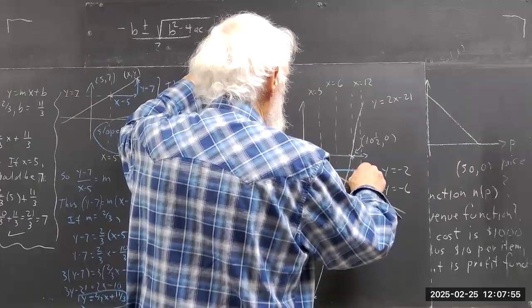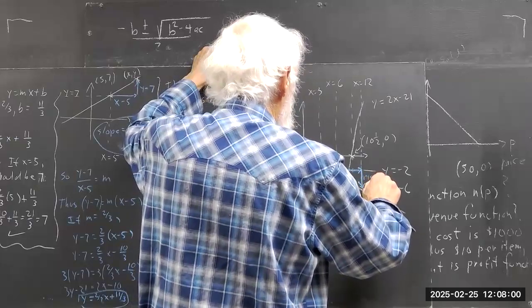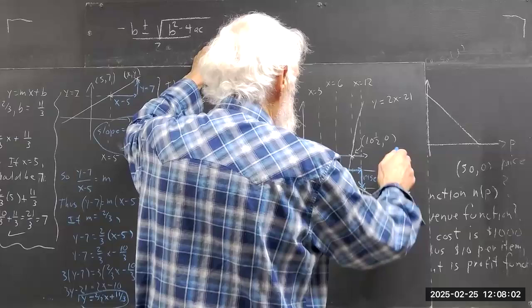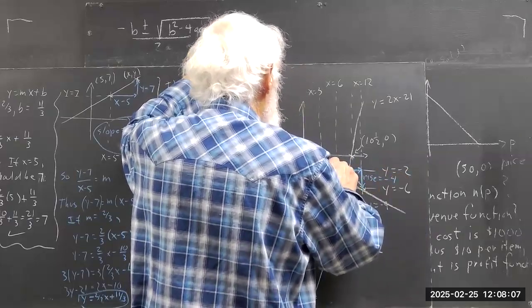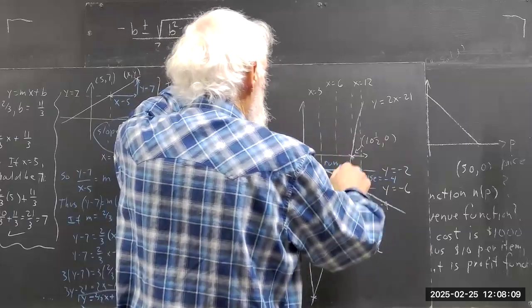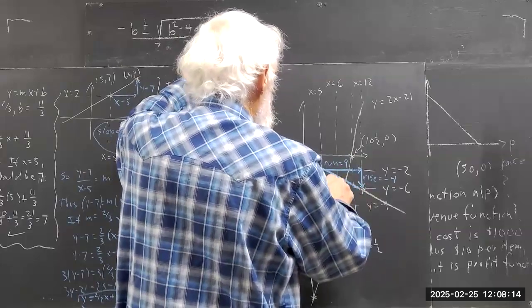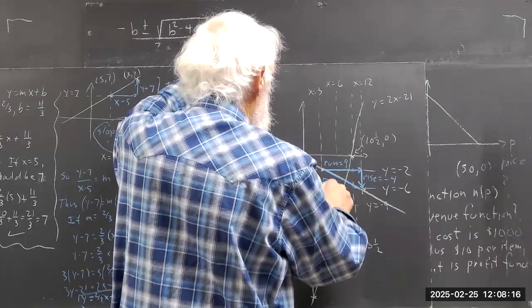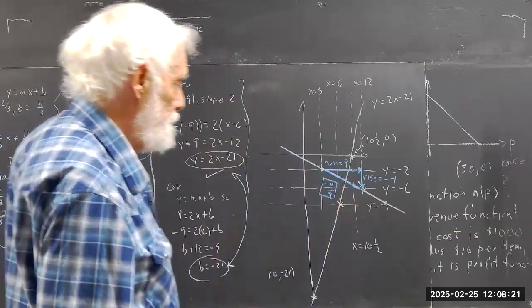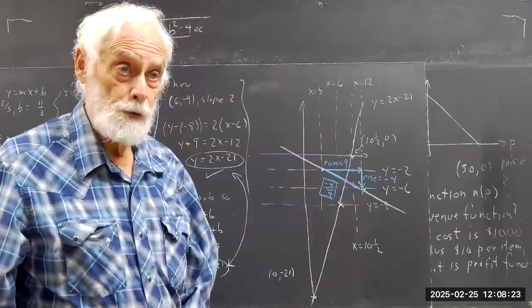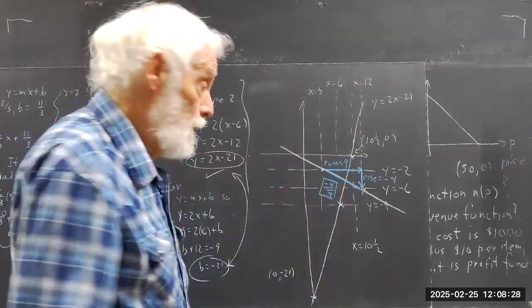As we go right, we have to go down. Rise is from -2 to -6, which is -4. Run is from 3 to 12, which is 9. Slope is -4/9. I haven't written out all the details of those steps and the logic, but I did that in previous problems, so you can see how that goes.